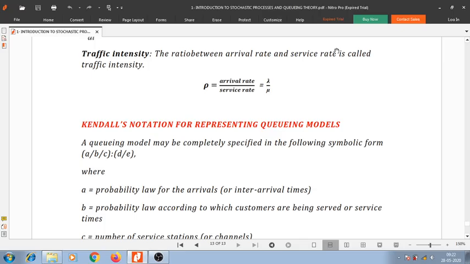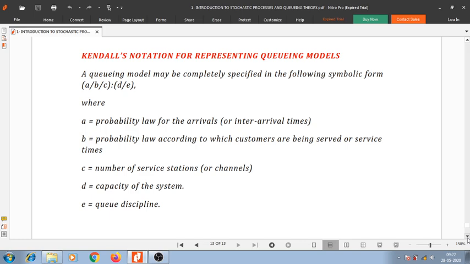Okay, right. Now coming to the notation. It is important. What is important? Kendall's notation. It is very simple. Kendall is one of the statisticians who represented the queuing system as A, B, C, D, E. A represents the arrival process, the probability of arrivals. B represents the service process. C represents the number of service channels or service stations.